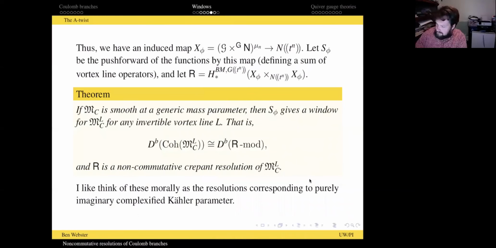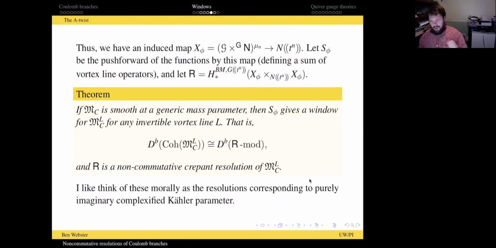All right, so looking at this fixed point component, we have a push forward to here. So we get a line operator, which I'm going to call S_phi. And I can look at the endomorphisms of that line operator, again in this sort of Chriss-Ginzburg way of taking a fiber product and looking at its Borel-Moore homology.